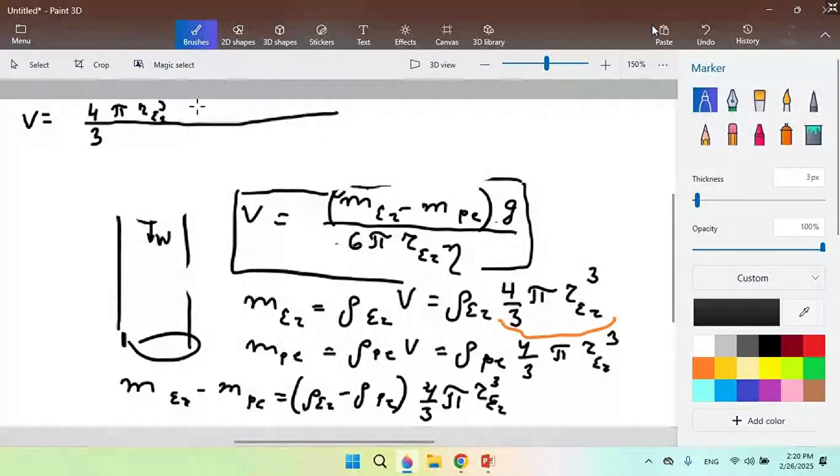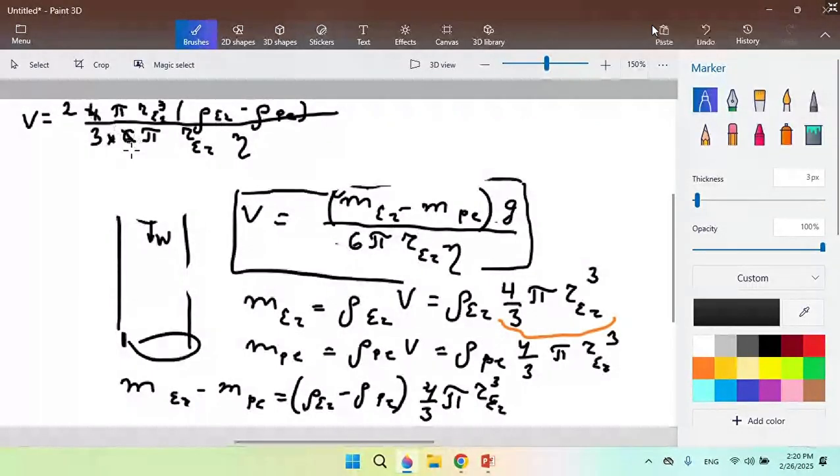Then we've got the difference between densities of erythrocyte and plasma, times g. Then in the denominator, we've got 6 pi radius of erythrocytes and viscosity.